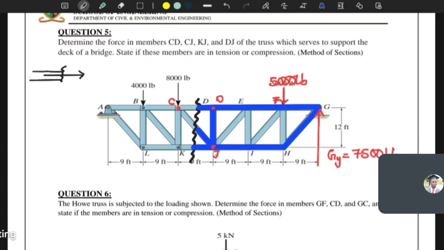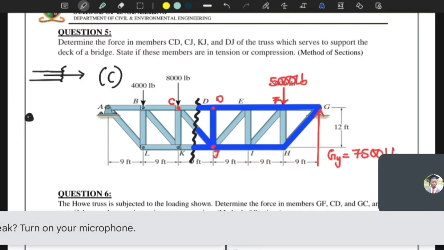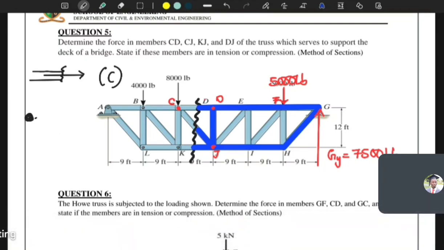In the method of joints, however, when a force is assumed to be coming out of a joint or going away from the joint, then it implies that the assumption is that the member connecting to that joint is in tension.